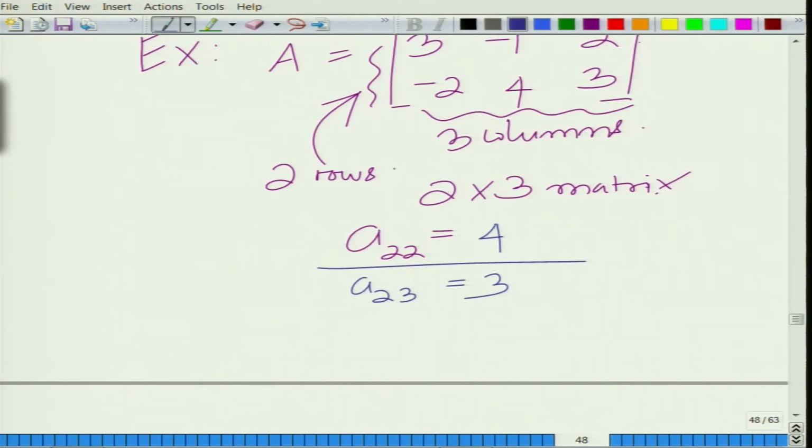right. Another way of representing this is that the ijth entry is Aij.